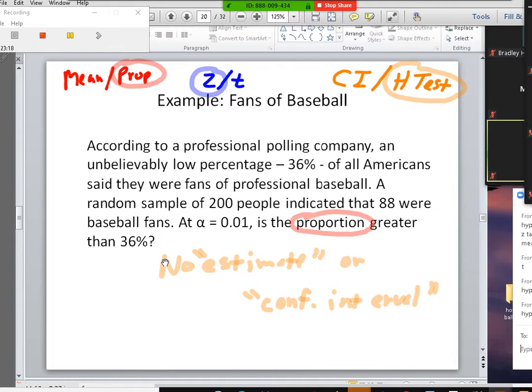If you have to find the sample size, that would be the question. So if it's a confidence interval with a question, then it's a find n problem. Otherwise, all other question ones will be hypothesis tests. If it doesn't say confidence interval or estimate, then it's a hypothesis test and it should have a question.